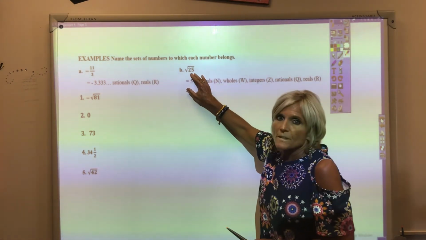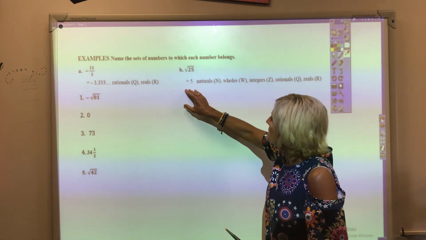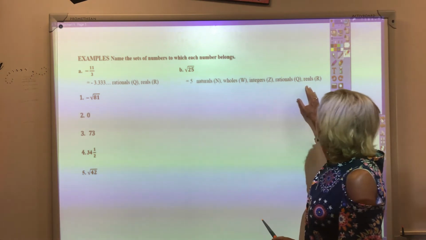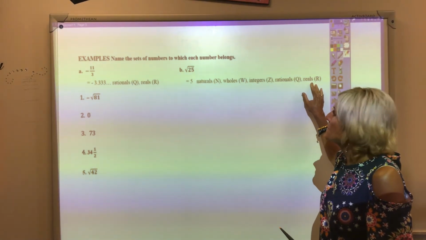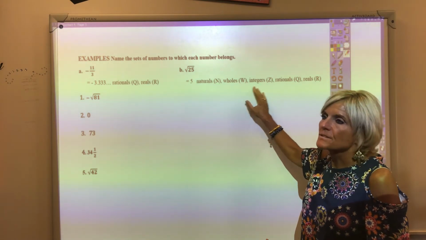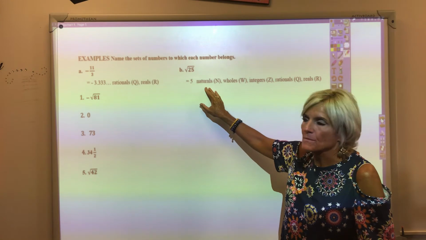The square root of 25 simplifies to 5. 5 is a real number. We'll start from the back. It's real, it's rational, it's an integer, it's a whole number, and it's a natural number or a counting number.